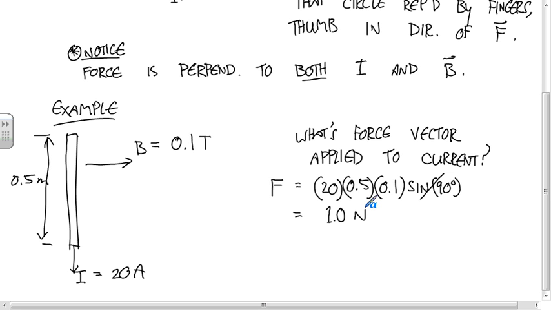And now for the direction, which way do you have to rotate the current to make it align with the magnetic field? So if this is the current and this is the magnetic field, you have to rotate the current this way, so the force is out of the board.